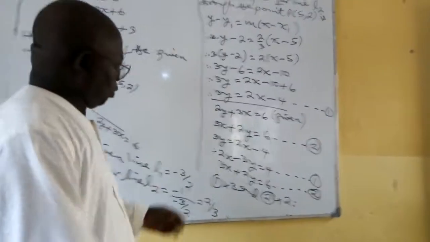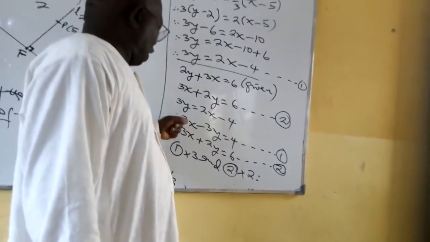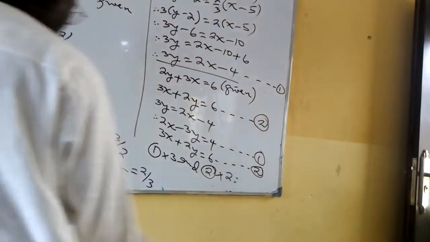Equation 1 times 3 means that we are going to multiply each and every term of that equation 1 by 3.